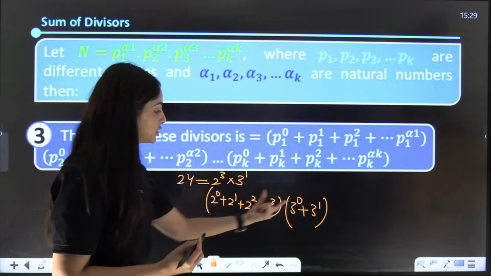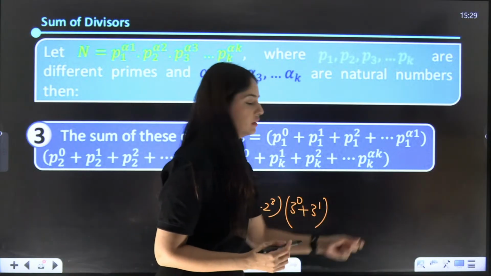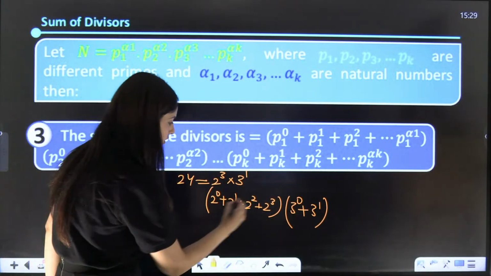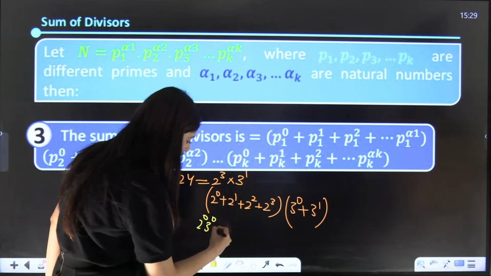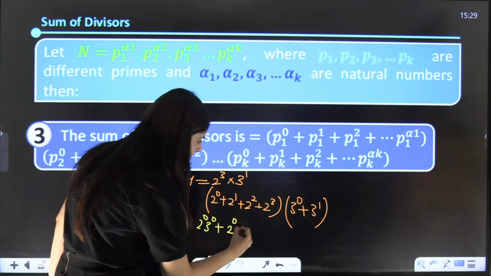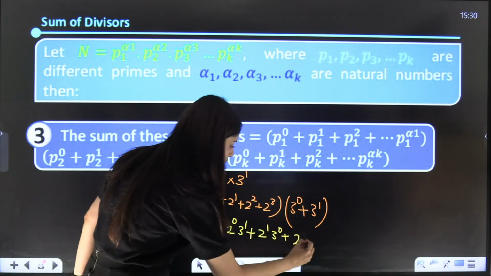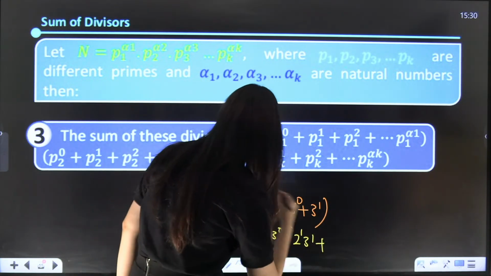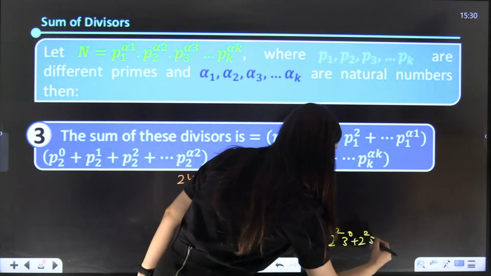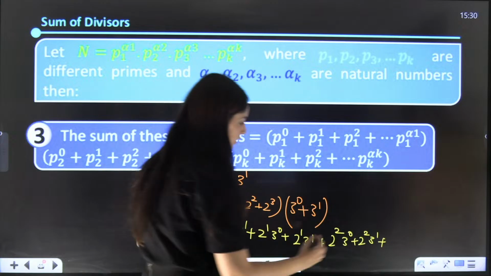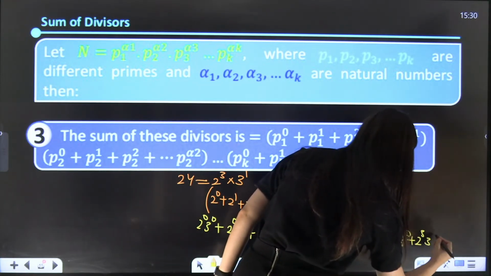Now if you expand this product, we get 2 raised to power 0 times 3 raised to power 0, plus 2^0 times 3^1, 2^1 times 3^0, 2^1 times 3^1, 2^2 times 3^0, 2^2 times 3^1, 2^3 times 3^0, 2^3 times 3^1.